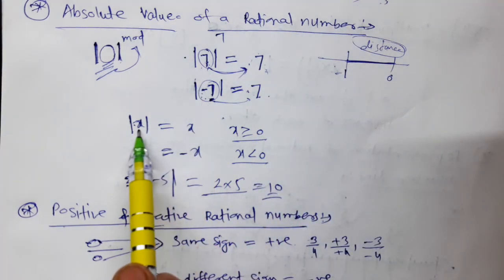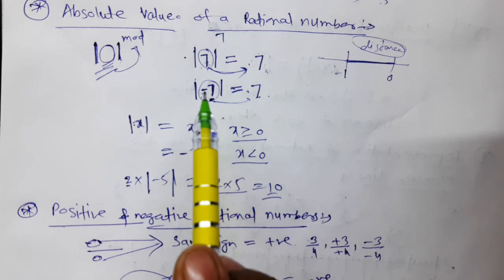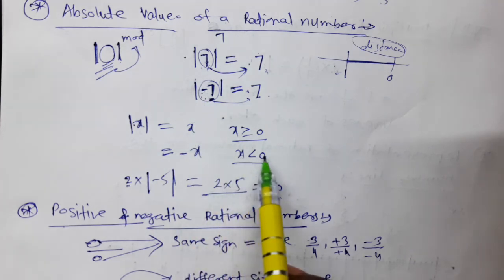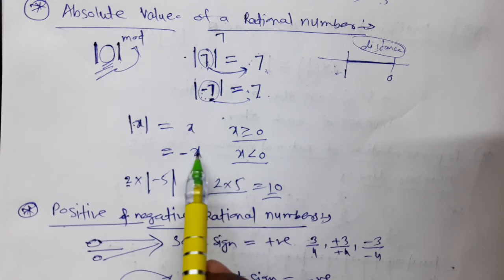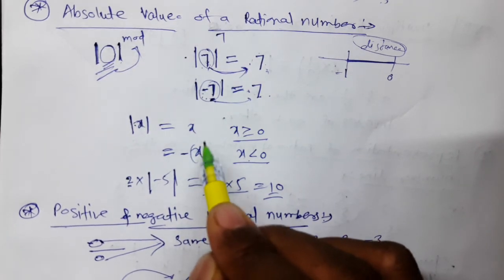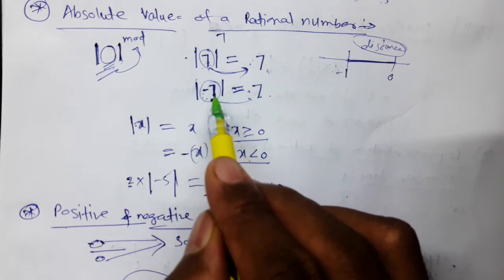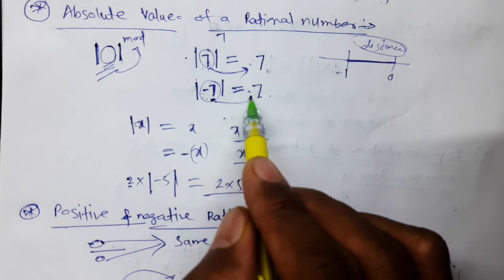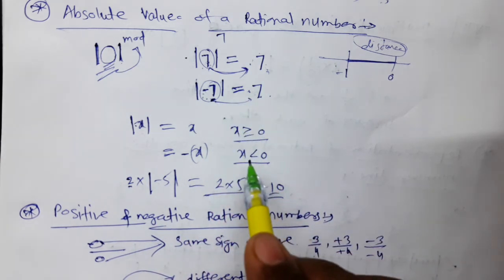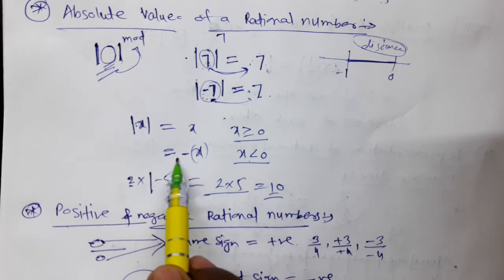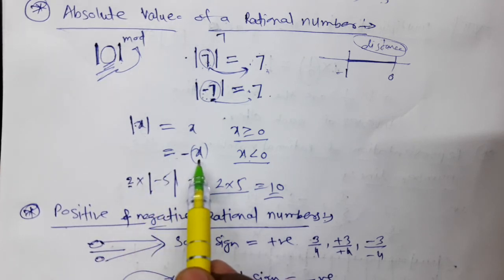If x is negative, like minus 7, in this situation x is less than 0, the sign of x is negative. Then we have to multiply it by negative, and its sign will be positive. So if x is less than 0, mod of x will be equal to minus x, because minus into minus is plus.